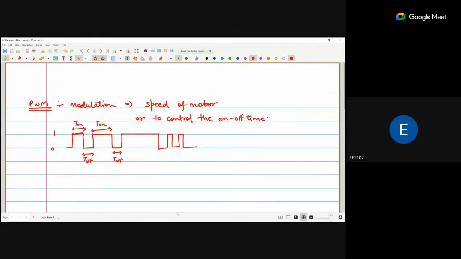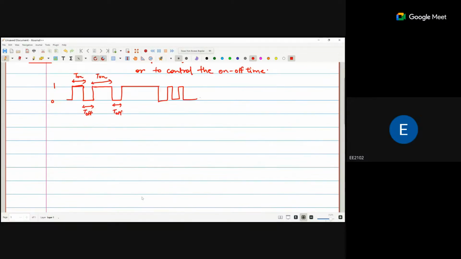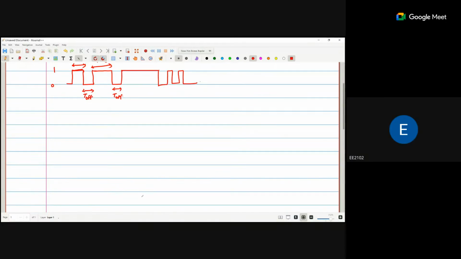Now we know that when we use the operational amplifier with positive feedback, we are giving two signals and we provide a positive feedback.